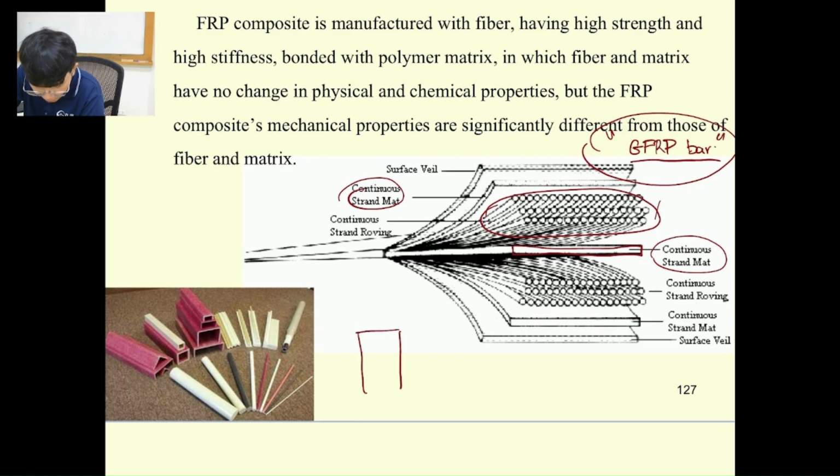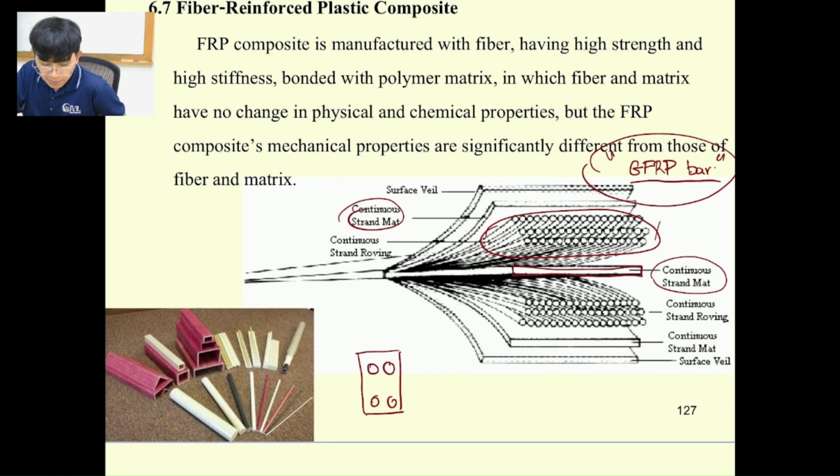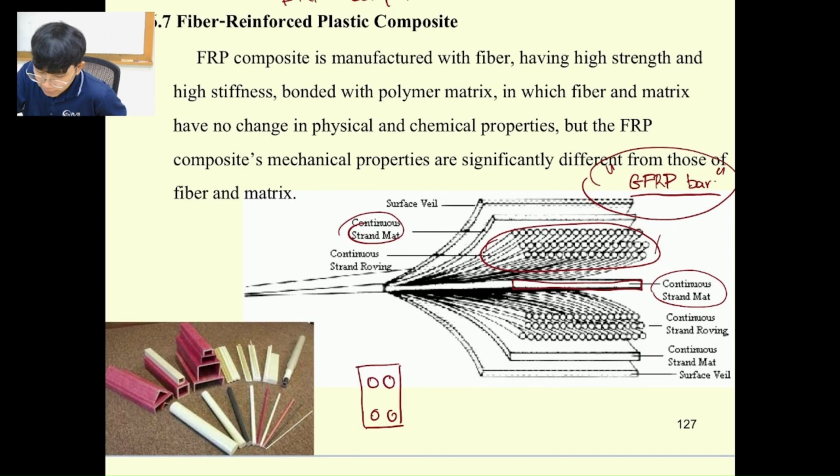If this is a section of reinforced concrete, we put the steel top and bottom, and we use reinforced concrete to resist the tensile force. Similarly for FRP structures, on top over here is the fiber as the reinforcement, and then we have the strand mat, and then the surface veil over here, compared to the concrete cover, this one is the cover mat.